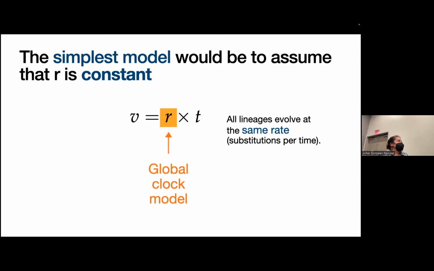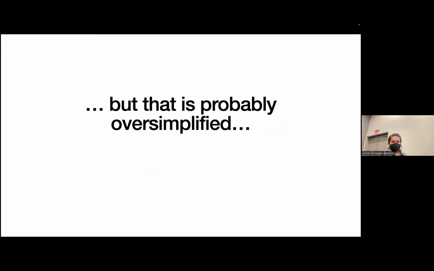So if I make this value a constant, then I say that the branch length is proportional to time. And if I know this, I can calculate the time. Does that make sense? But that's oversimplified. We don't expect all the markers to change at the same rate.